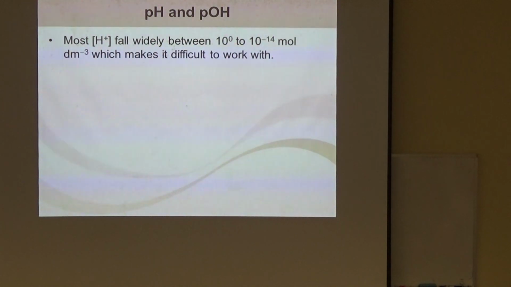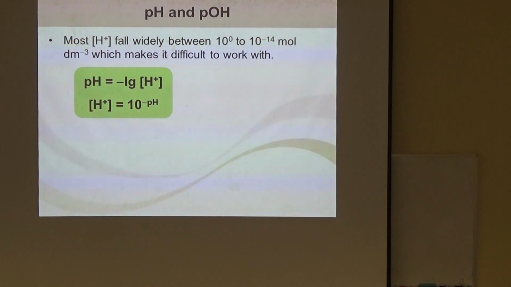So they thought it was easier to make it a log scale. pH is the negative log of the H plus concentration, and H plus equals 10 to the power of minus pH.